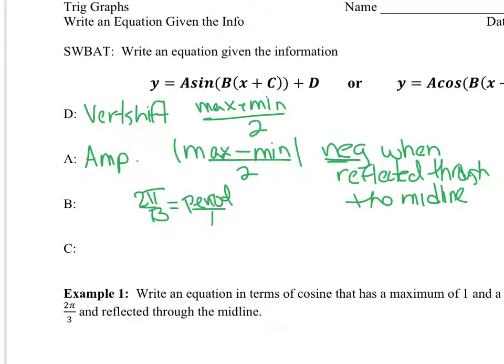B is the number of times it repeats between 0 and 2 pi. Sometimes it's not obvious, especially in just information given to you. C is positive when it moves to the left, and it's negative when it moves to the right.